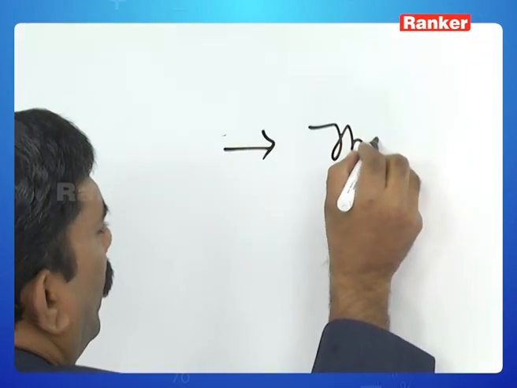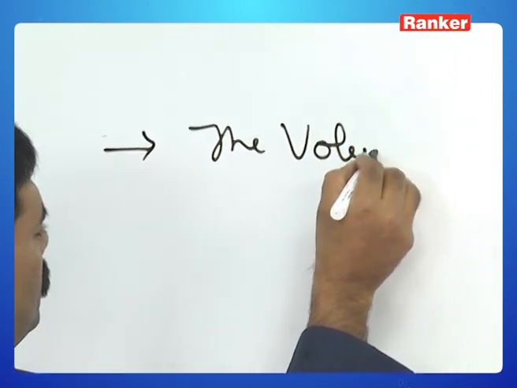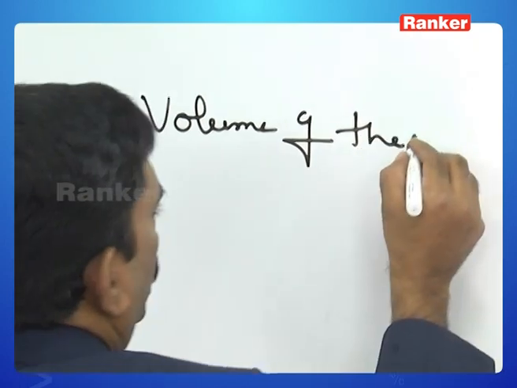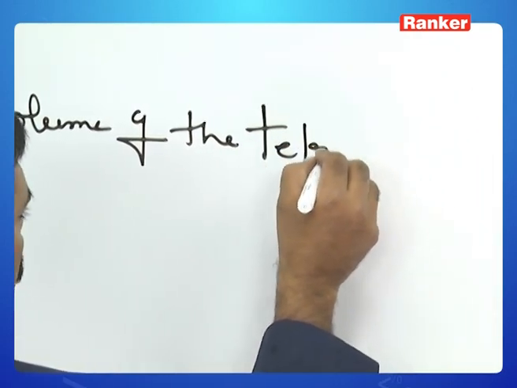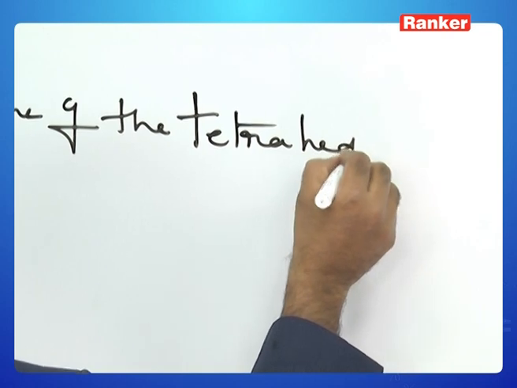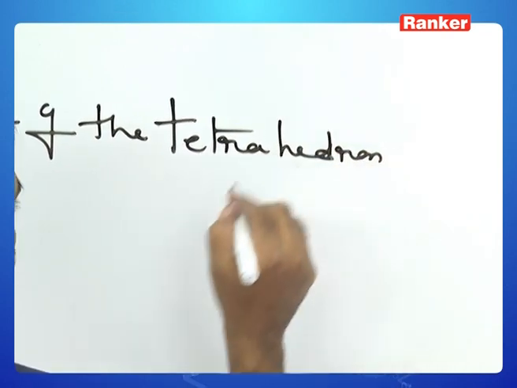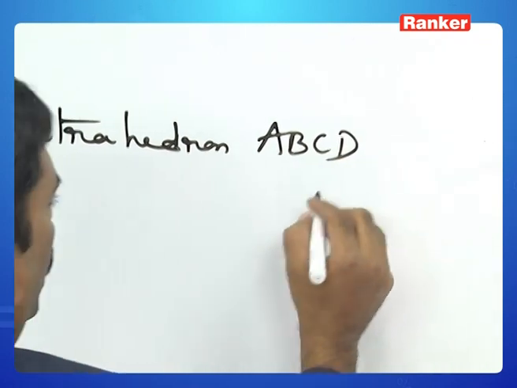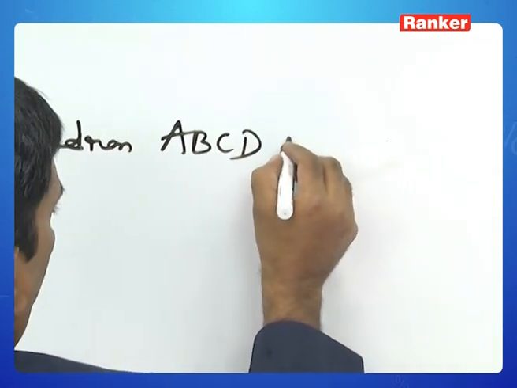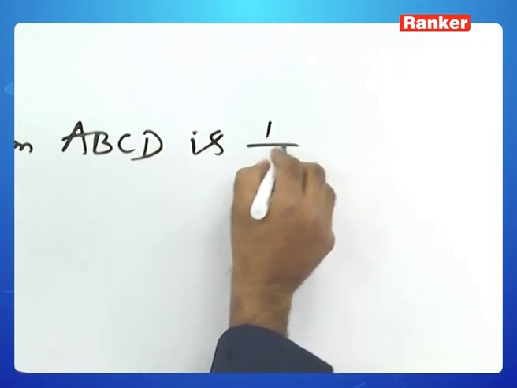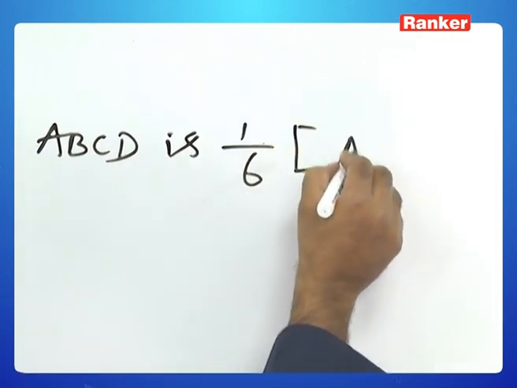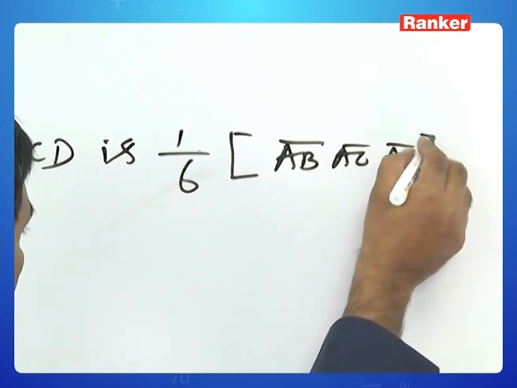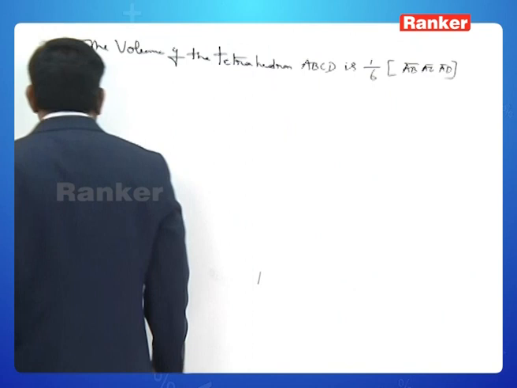The volume of the tetrahedron ABCD is 1 by 6 into box of AB bar, AC bar, AD bar.